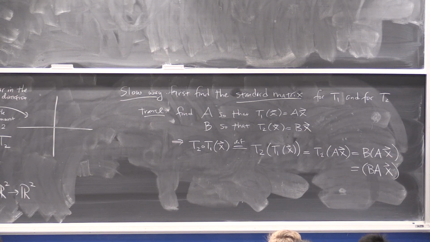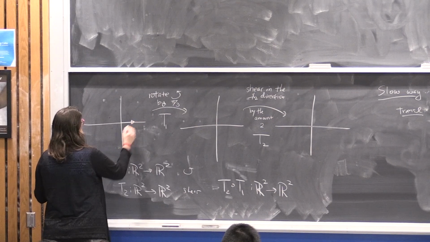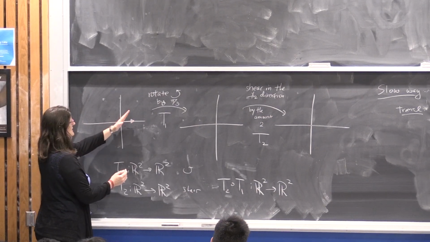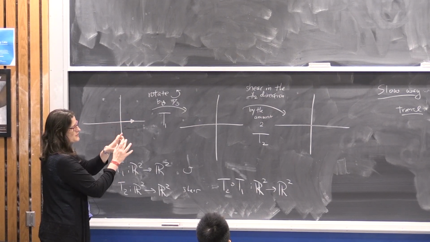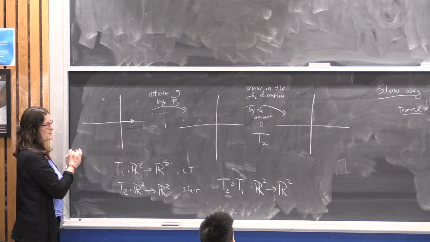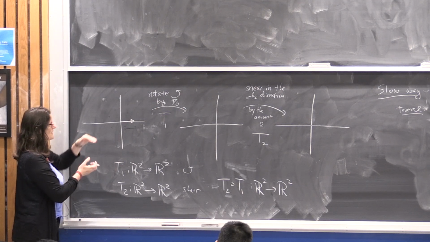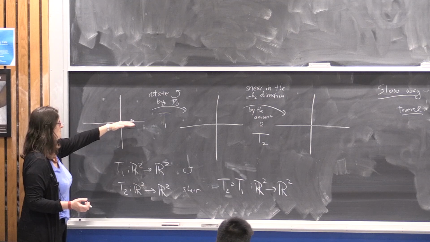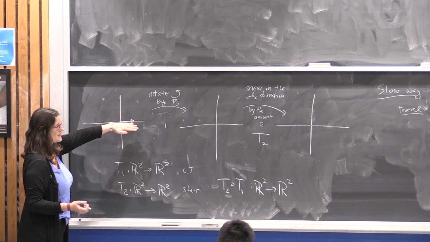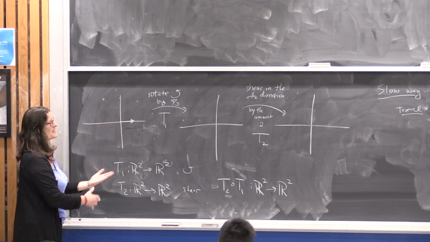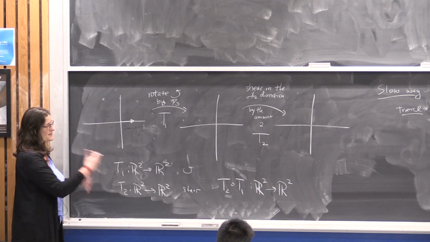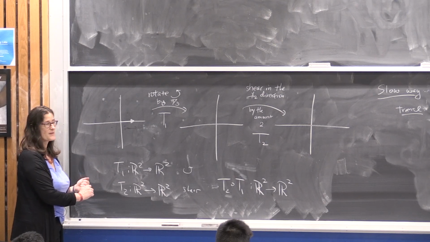Okay, so to find the matrix A, I need to figure out what happens when I rotate. To find the standard matrix, first you have to choose the standard basis, and then you have to figure out what happens to each vector in the standard basis. If you chose a different basis, you would get a different matrix that represents the linear transformation.